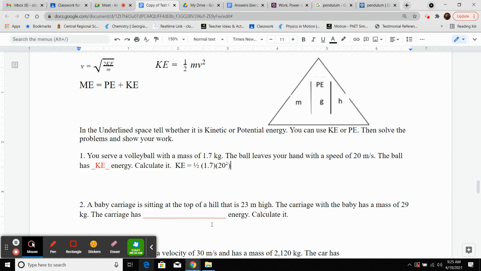Control period. Good. So then you're going to type this into your calculator: 20 squared times 1.7 divided by 2. You're going to get an answer of 340 joules.